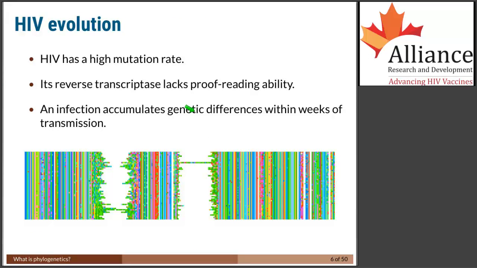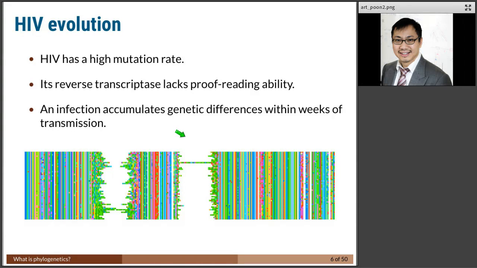Using phylogenies is really important for understanding HIV evolution. It's especially useful because HIV has a very high mutation rate. This mutation rate is due to the reverse transcriptase encoded by the virus, which converts its RNA genome into complementary DNA, and that enzyme lacks a proofreading ability, so it makes a lot of mistakes while it's performing that replication.